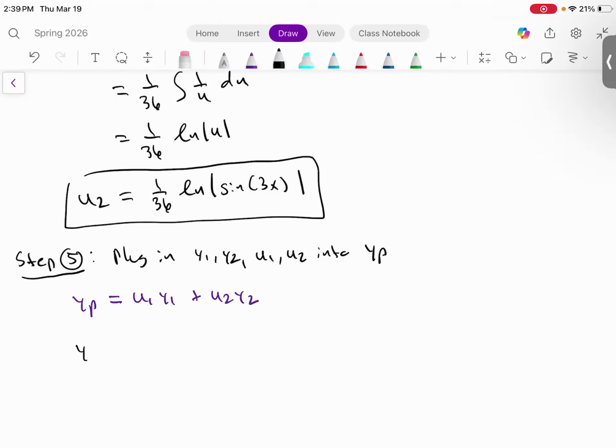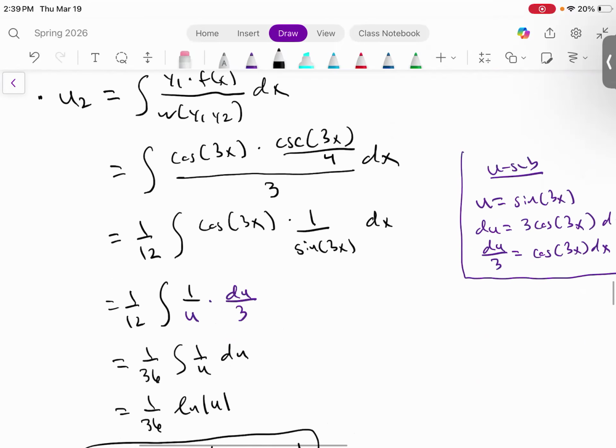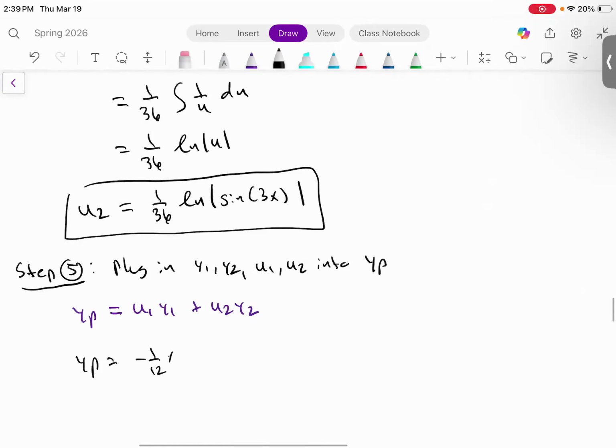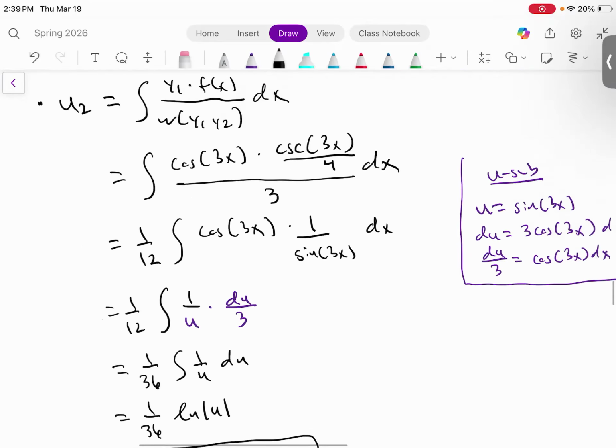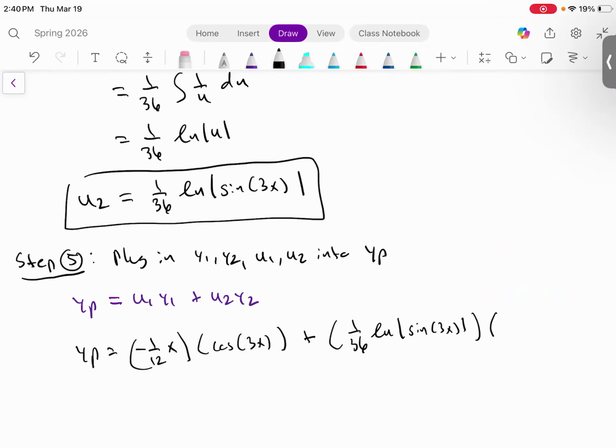And so our particular solution would be negative 1/12 x times y1, which is cosine of 3x, plus u2, which was 1 over 36 natural log absolute value sine of 3x, times y2, which was sine of 3x.